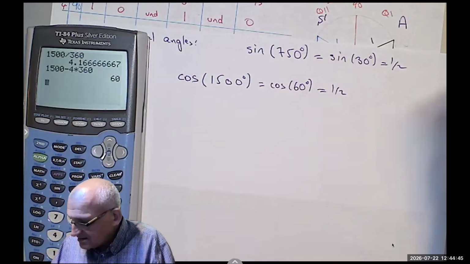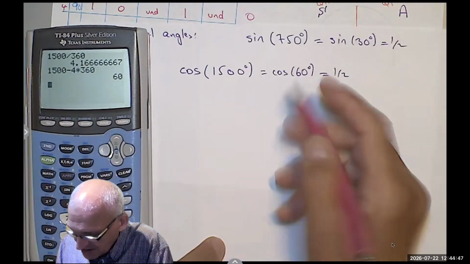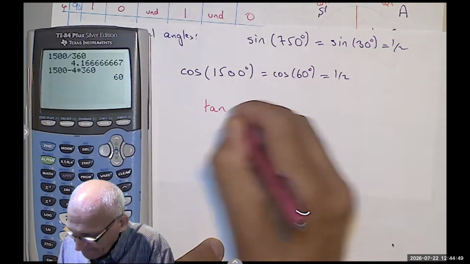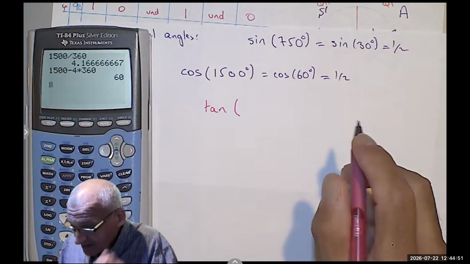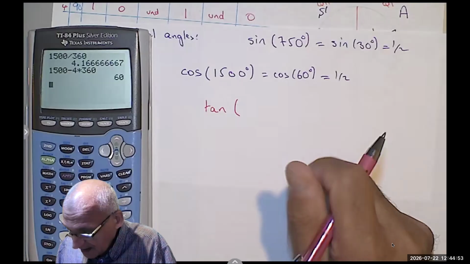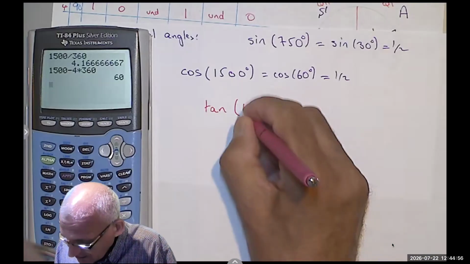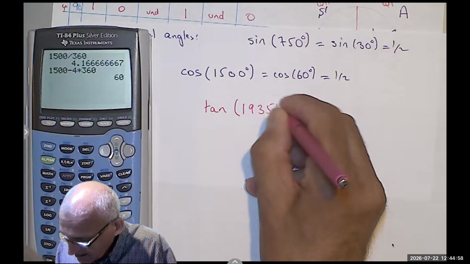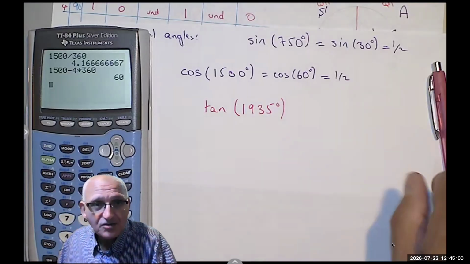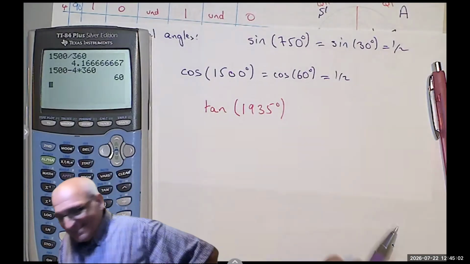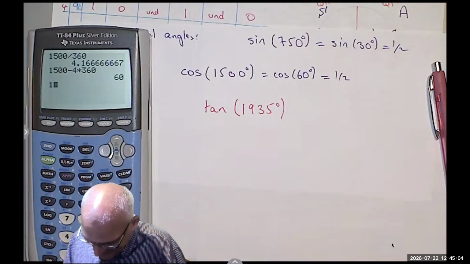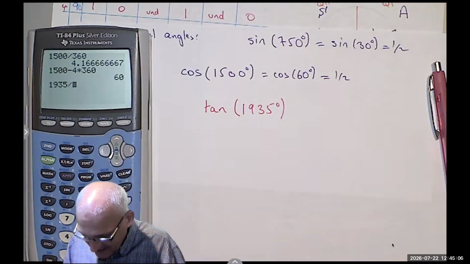What is the tangent of 1935? No, it's not the year I was born. I'm not that old. Okay, so I'm going to divide 1935 by 360.